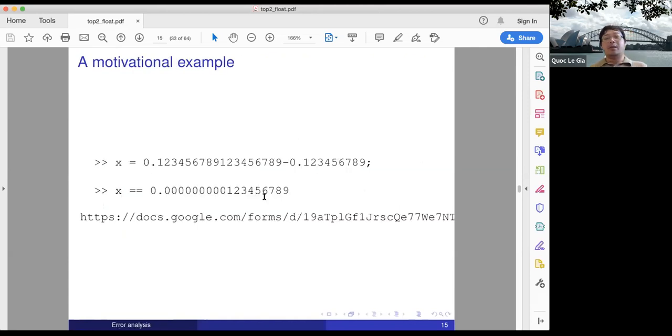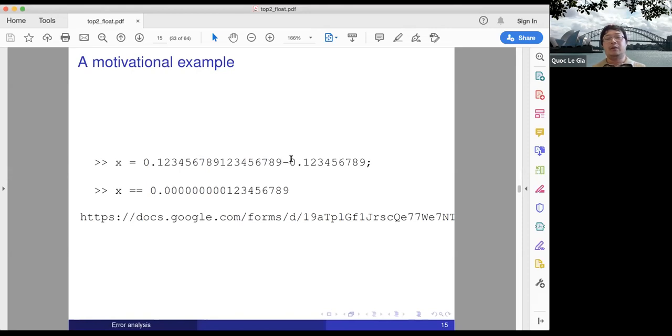Now there is another phenomenon related to the floating point number system. Maybe I let you read the question and then go to the Google form and answer. Suppose I have x equal to 0.123456789, and then I repeat 1, 2, 3, 4, 5, 6, 7, 8, 9.